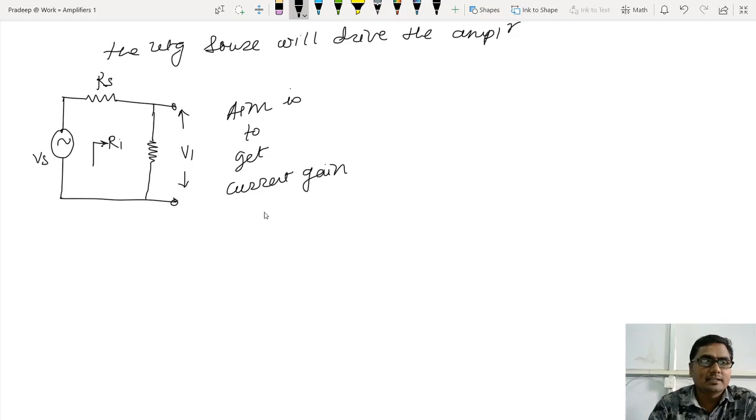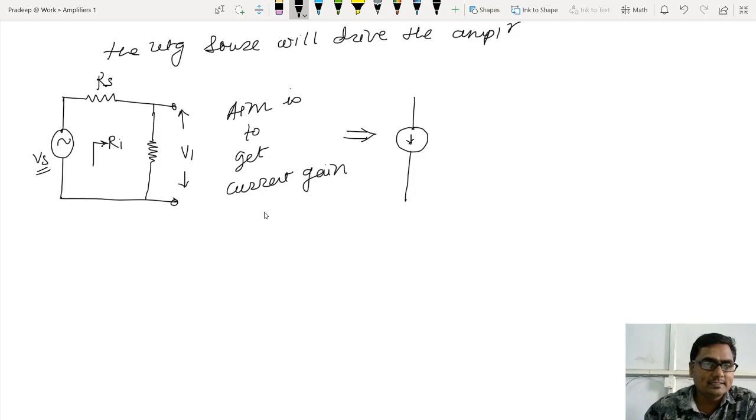Now I want current gain, but what I have is a voltage source. So let us convert that voltage source into a current source. How? Let me draw it here itself. So this is a voltage source converted into a current source.